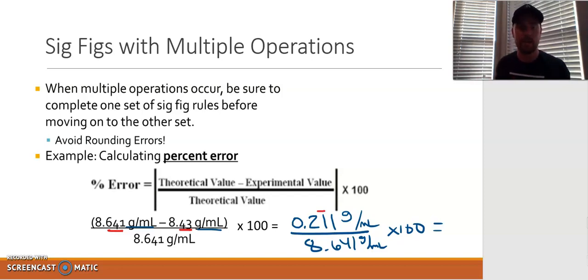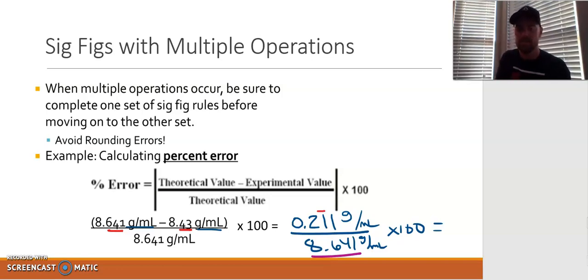When you're dividing, remember the rule there is the lowest number of sig figs. This number on the bottom has 4 sig figs. How many sig figs does the top number have? Be careful. You might be tempted to say 3 sig figs, the 2, 1, and 1, because remember, beginning zeros don't count. But remember, I should have rounded this top number to be 0.21. So really, because of that bar, that's to remind me, okay, that top number actually would have had 2 significant figures.